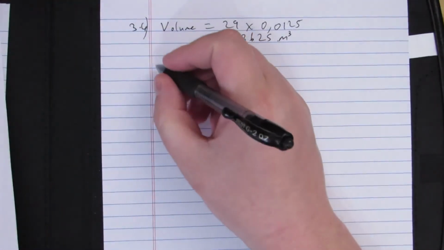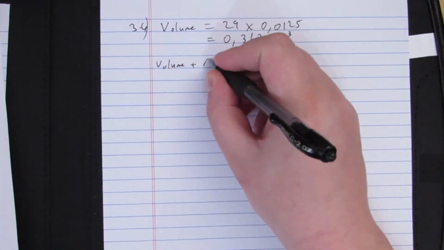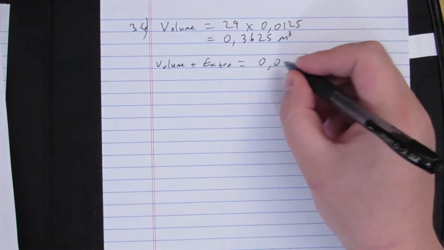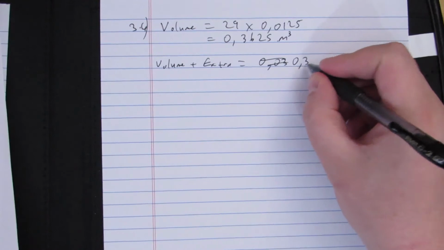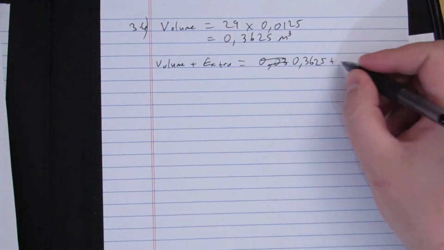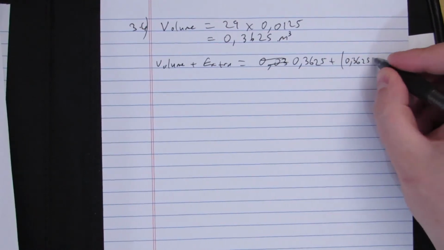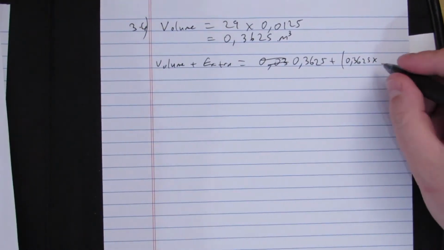Then we want to add the extra. So the volume plus the extra for the wastage. So 0.3625 plus an extra 0.3625 times, they said 4.5%.